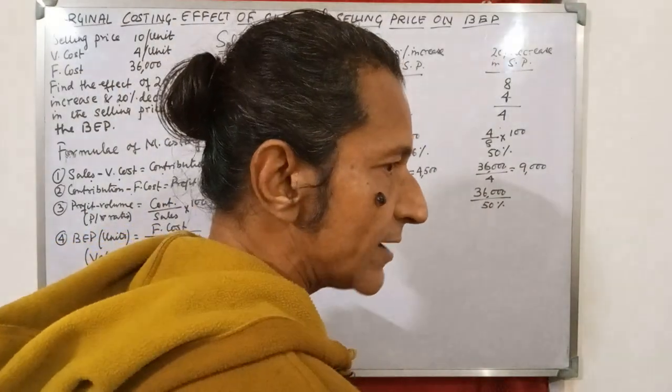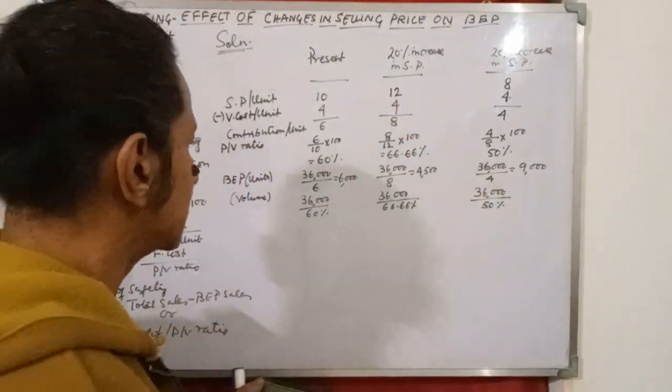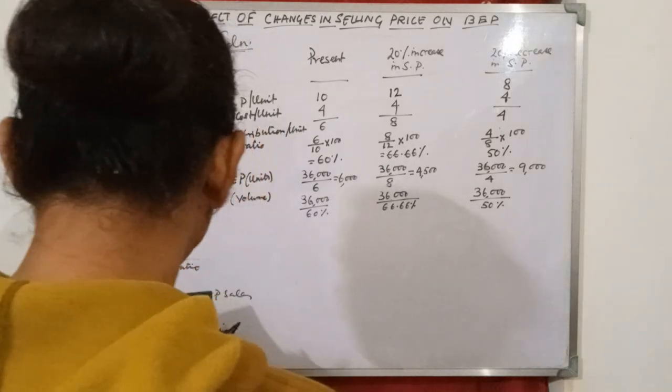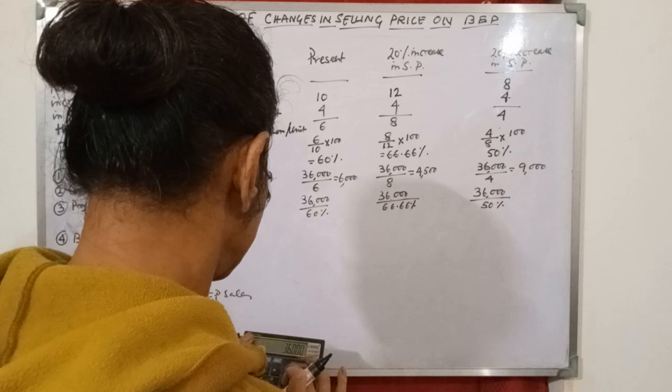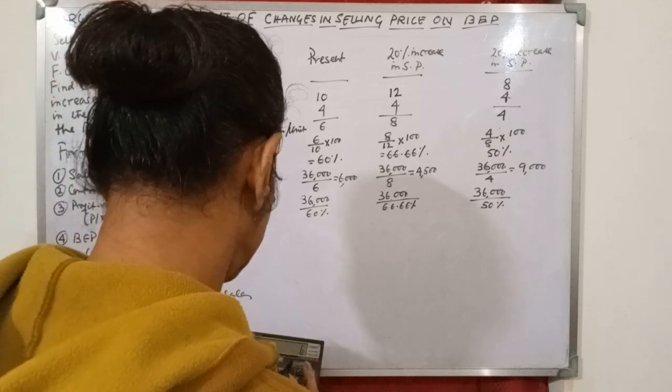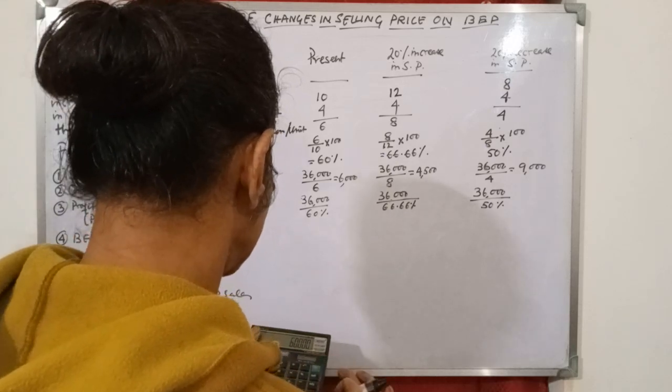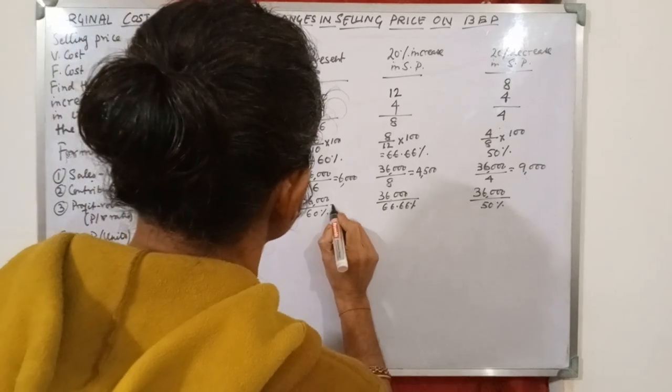Let us see what they come to. 36,000 over 60%, so it is 60,000.